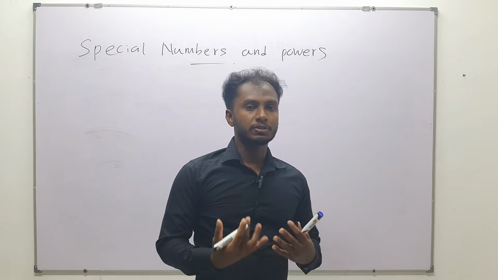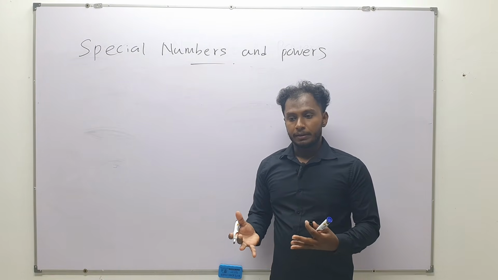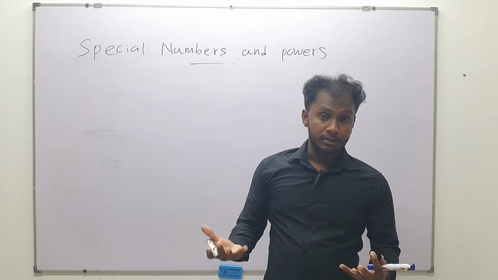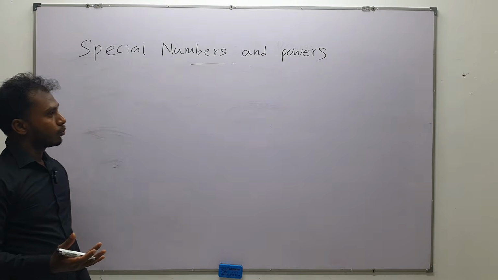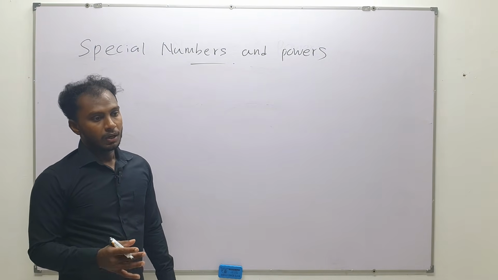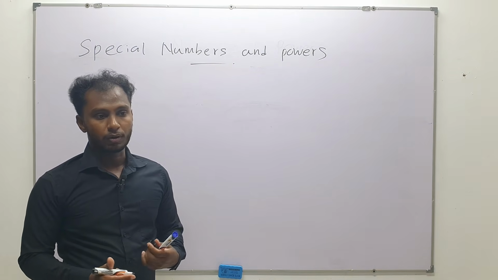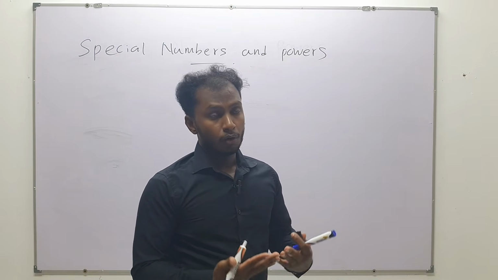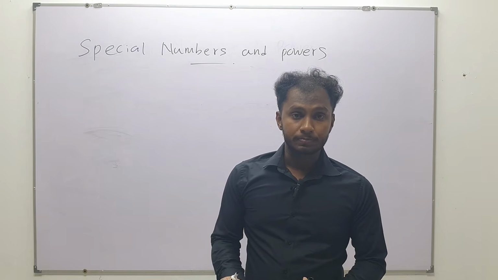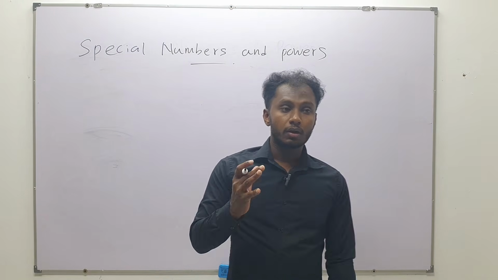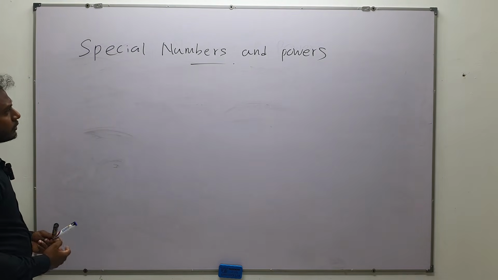When we're talking about special numbers and powers, we are learning about different types of numbers, like prime numbers, integers, rational numbers, irrational numbers, and what perfect square numbers are. Some of you might already know these things, but as the start of the series, we have to talk about them because some of you might not have this knowledge, or sometimes you might know what a prime number is, but not how it came about. So we are going to develop your knowledge from scratch in this course, right? So these are the special numbers I'm going to discuss.